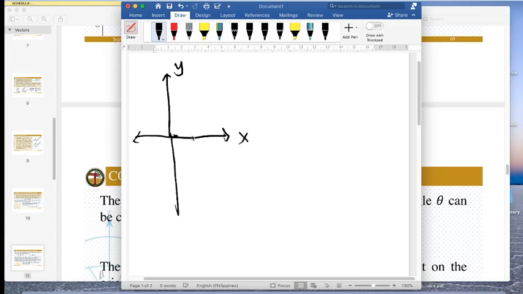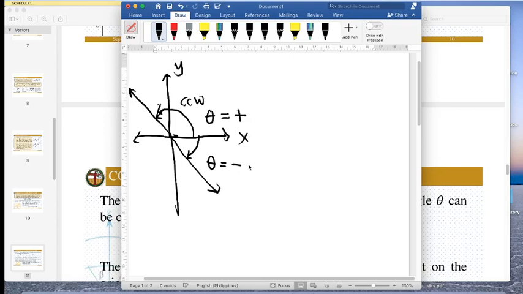Now if your angle is rotated counterclockwise, so ganito, counterclockwise ito. So this angle is positive. But if your angle is rotated clockwise from the positive x-axis patungo say here, ito yung angle theta mo, then this angle is negative.